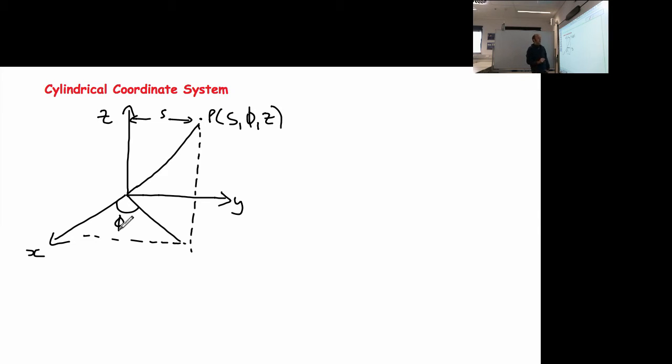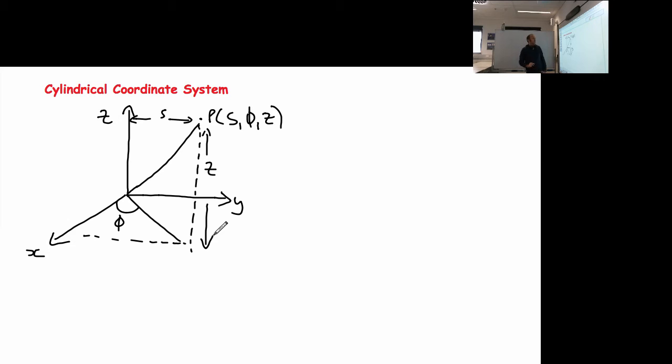Okay, so what does this actually mean? So if we just map this down onto the axis, here what we have is S is in fact the distance from the z-axis to our point P. Phi is our azimuthal angle again. Okay, so phi is the angle that is made with the x-axis, and z is the distance above the xy-plane.